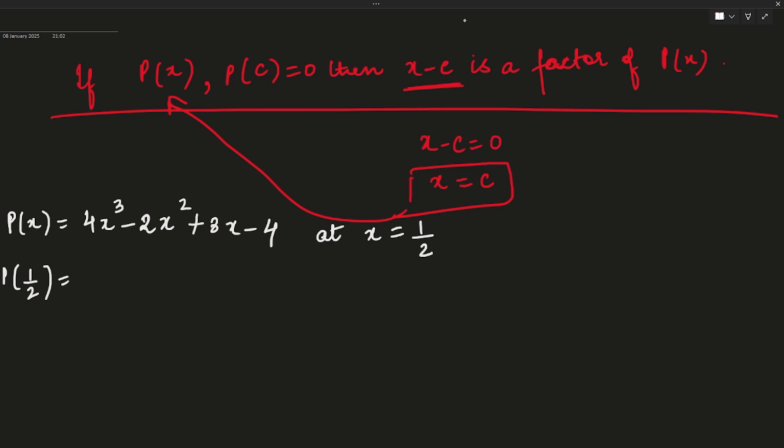When you put x equals 1 by 2 in this equation, you get p(half) equals 0.